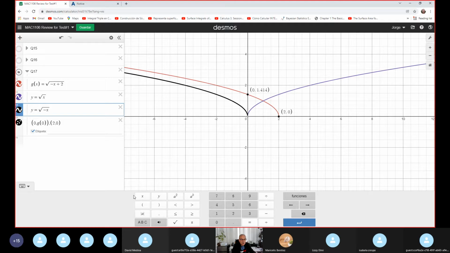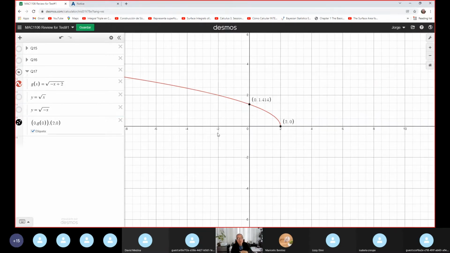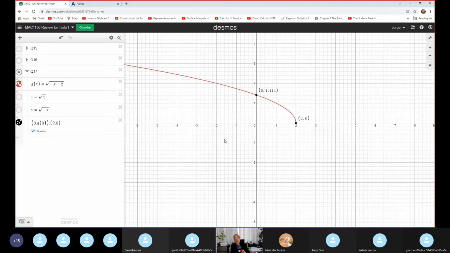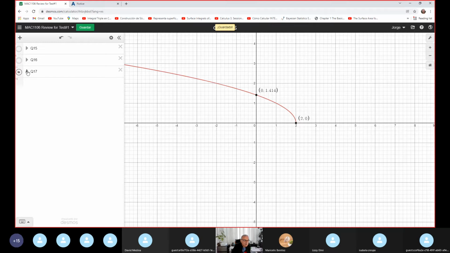If you want to avoid this transformation, then you disable it and you only print or download this image. Any question? No problem. All good. Let me save that. Save. Okay.